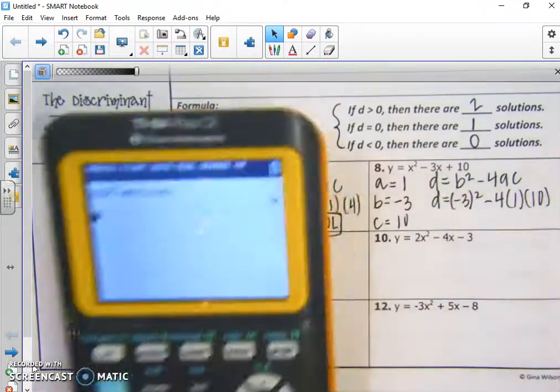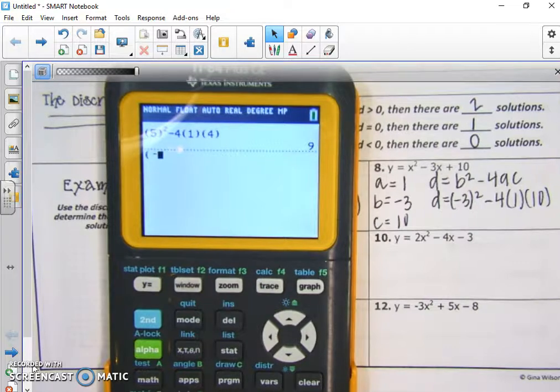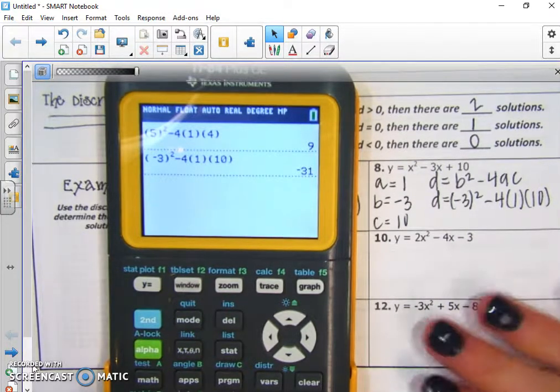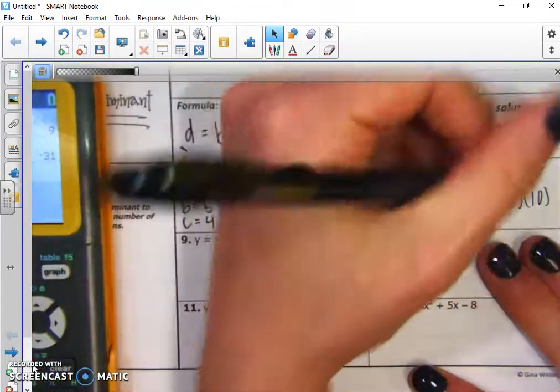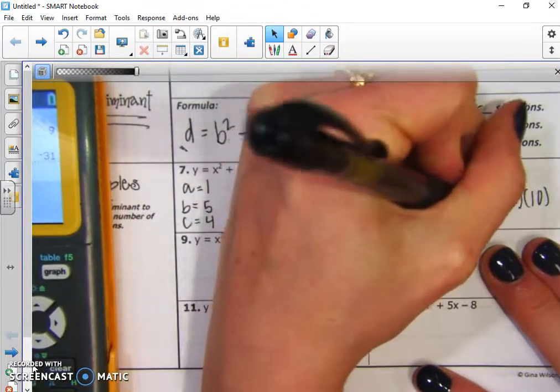I'm going to put that whole thing in the calculator. In this case, we get that the discriminant is -31, so D equals -31.